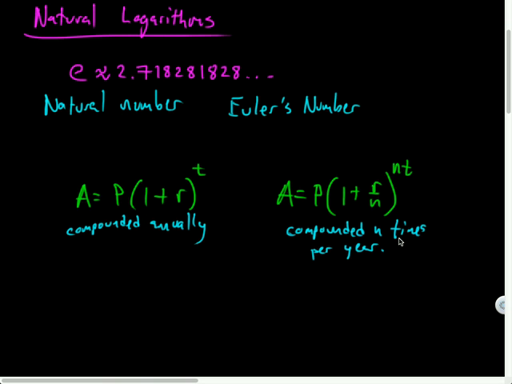And then I'd be able to have a value of n. But what if I wanted to calculate it per millisecond? If I do that, I'll end up with a little bit more money in the end. Or what if I just wanted to divide the year into infinitely many parts, where it's compounding continuously, where the formula would be doing the math so fast that it's immeasurable in the length of time that you're recalculating your interest all the time?